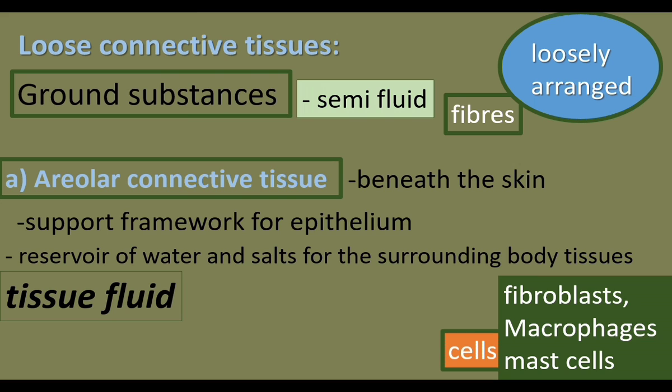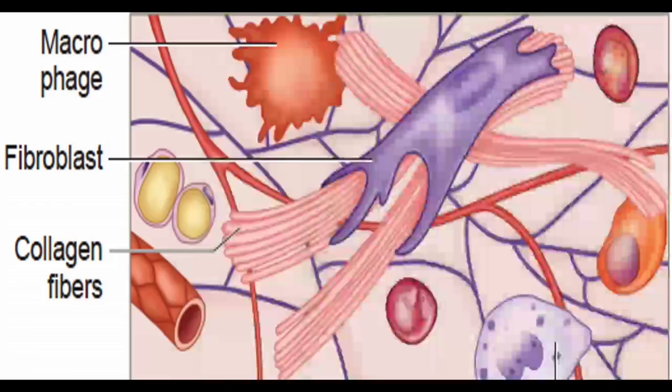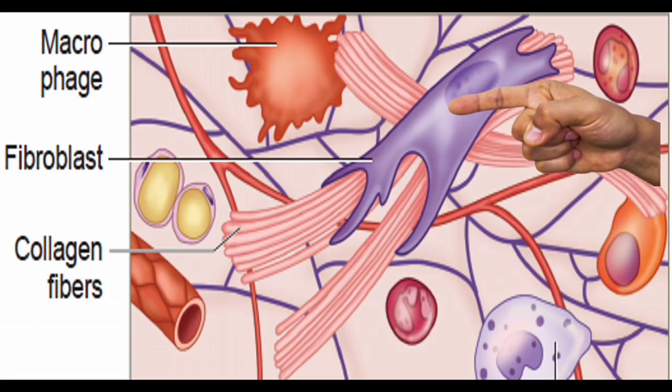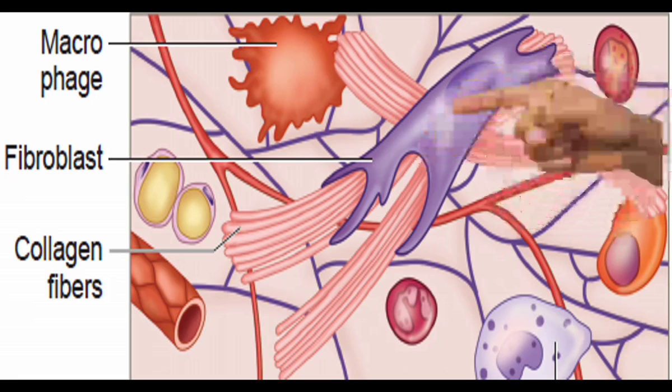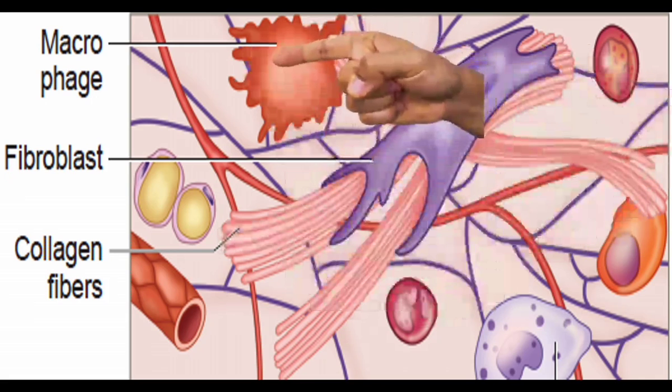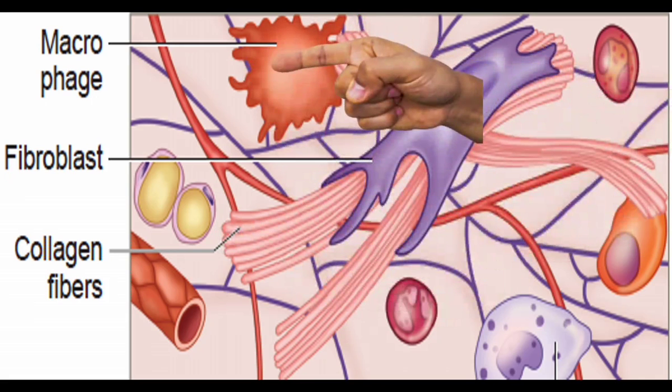Fibroblasts are the cells that produce collagen fibers. This diagram shows various components of the areolar connective tissue. This is a fibroblast cell, it secretes collagen fibers, and this is a macrophage. Macrophage engulfs foreign materials.